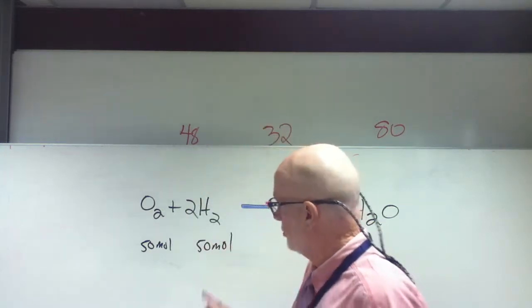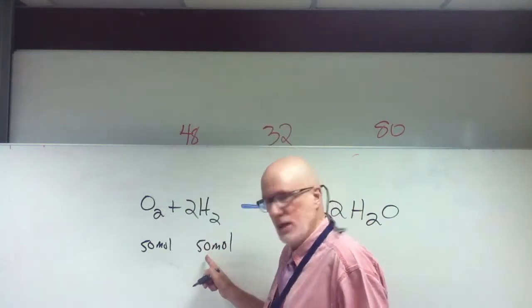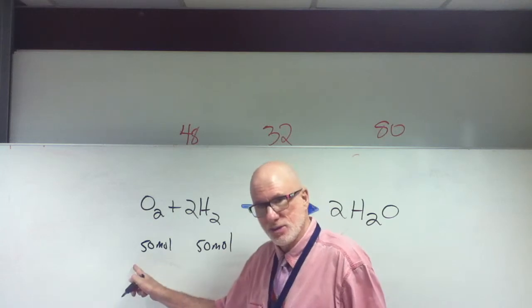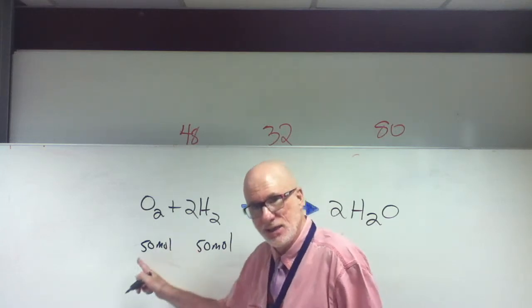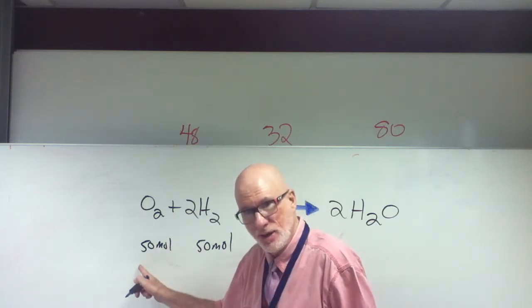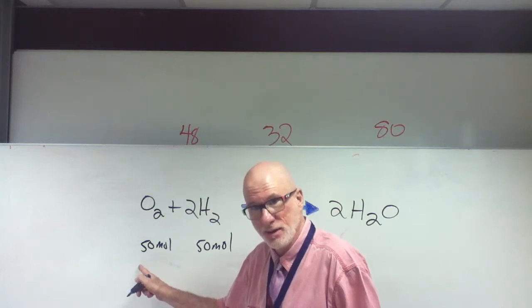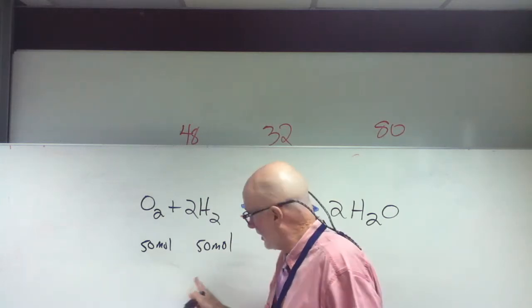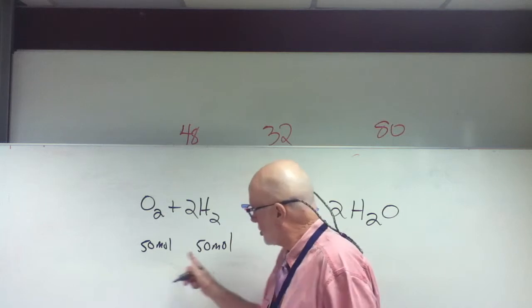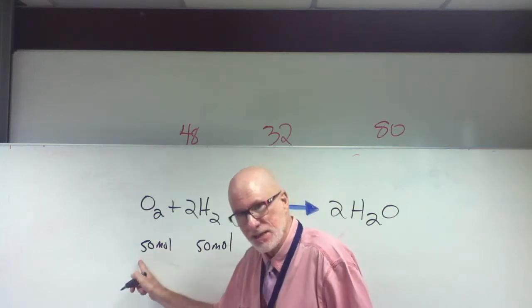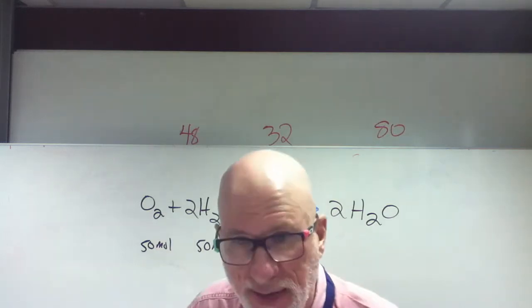Okay, so do the math. If you need 2 of this, you need 1 of this. If you need 50 of this, you need... Go ahead, you can do it. Everybody be quiet. You can do it. If you need 2 of this, you need half of this, right? So if you need 50 of this, you need how many of this? 25, isn't that what it says?